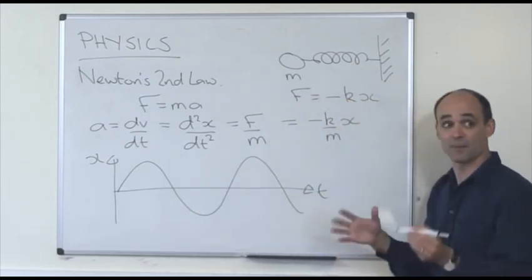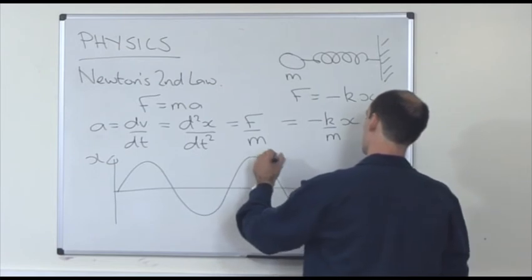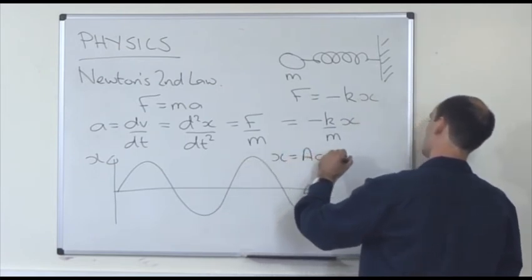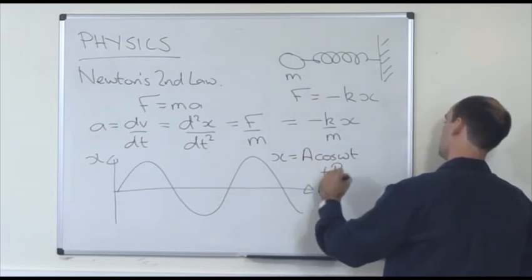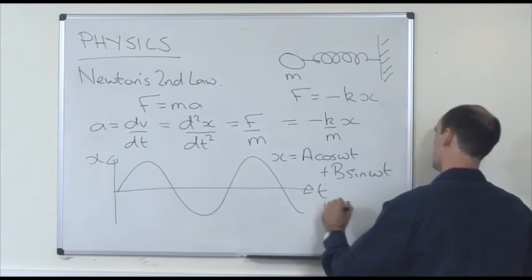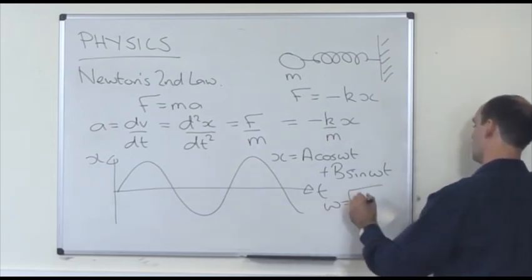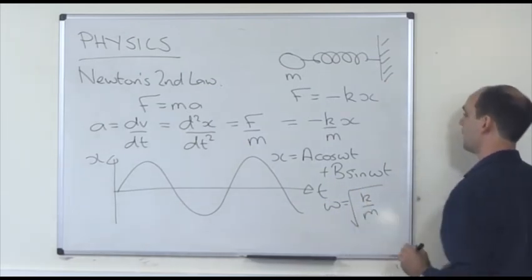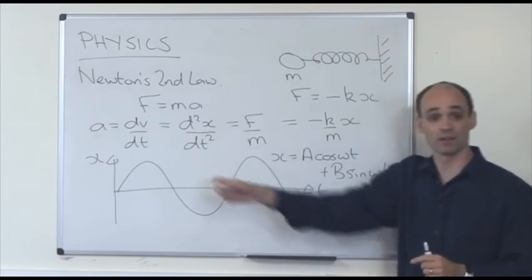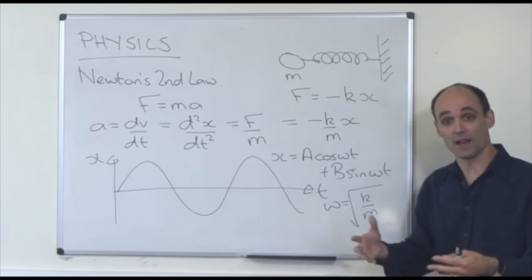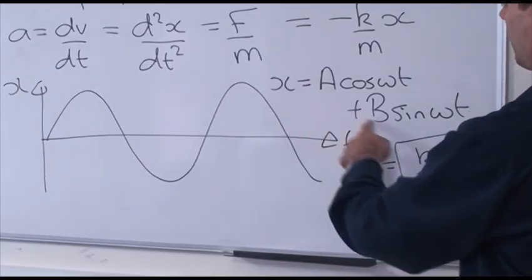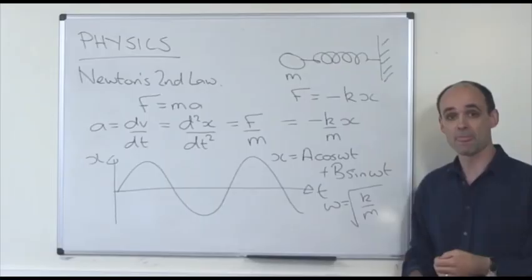And actually the mathematical solution is that x is equal to A cos omega t plus B sin omega t, where omega is equal to the square root of k divided by m. Because this is a second order differential equation, its solution actually requires you to integrate twice effectively. And you can see that there are actually two integration constants here, A and B.